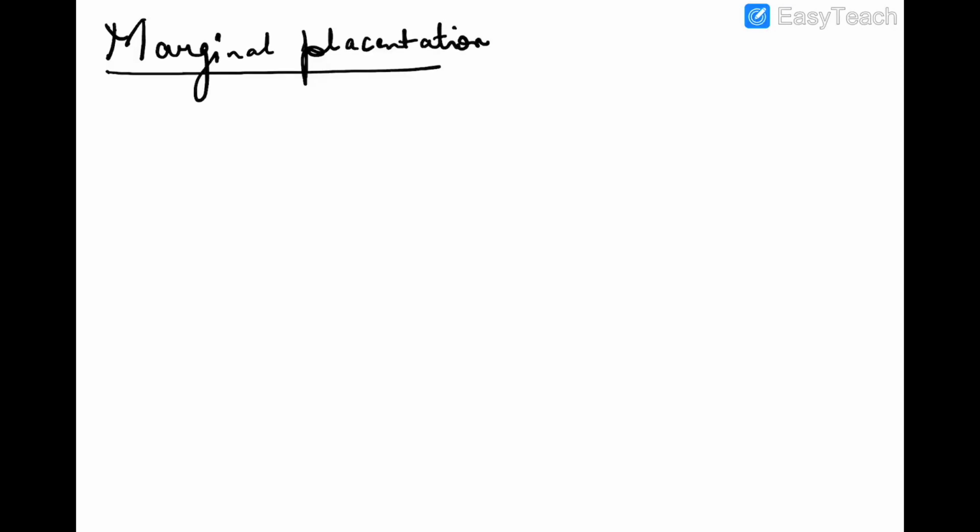So the first type of placentation is marginal. In marginal placentation, placenta is present at the margin.